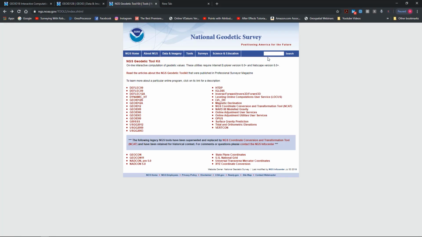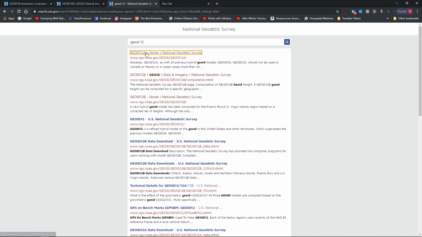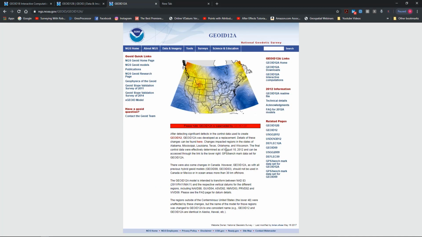Now I want to show you guys something. Let's try this. Geoid 12. Okay, this is what I wanted to show you guys. Right here, this is super, super important. The Geoid 12A model is intended to transform between NAD83 2011 and respective vertical datums.